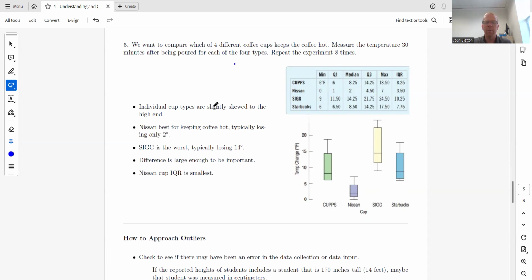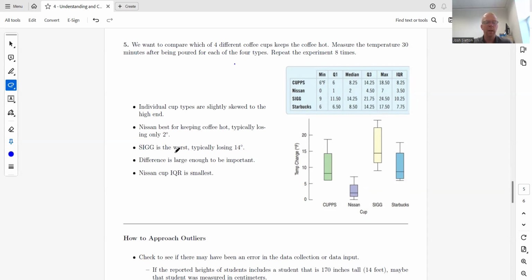Individual cup types are slightly skewed to the high end. The median on all of these is closer to the low end, so that means it's skewed that way, skewed right if you did this horizontally. Nissan is best for keeping coffee hot, typically losing only 2 degrees. So there's your median, right around 2.